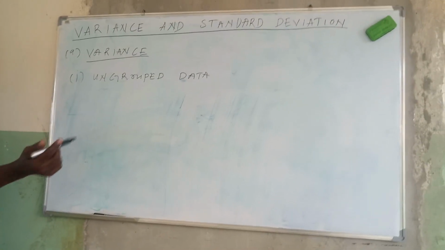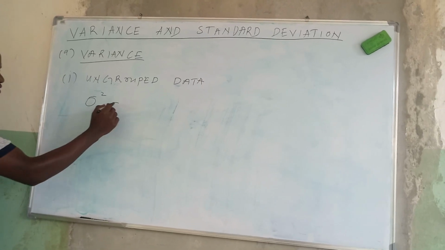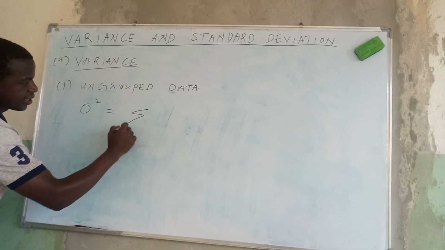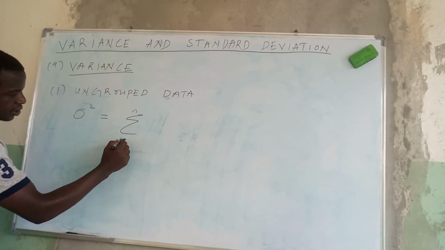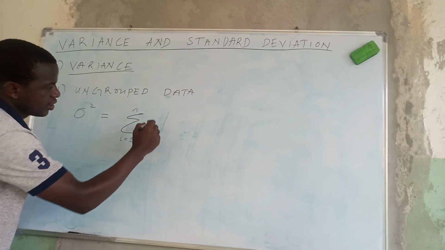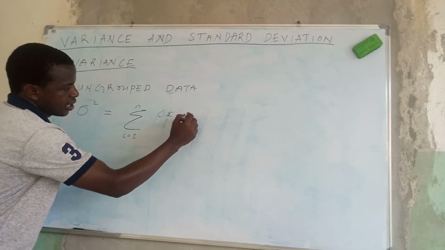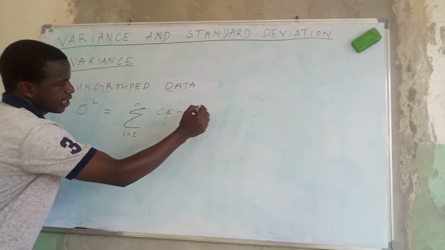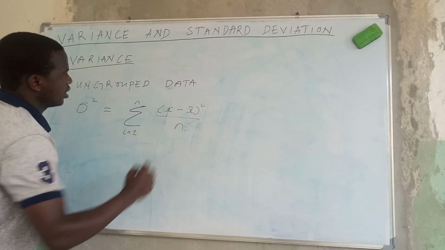Variance, represented by this symbol σ squared, is equal to the summation from i equals 1 to n of (x minus x̄) squared, over n.